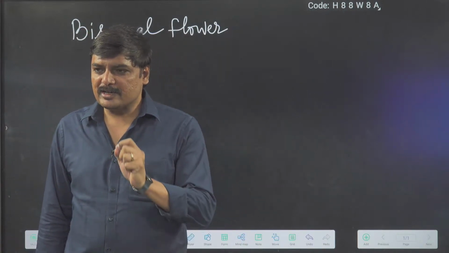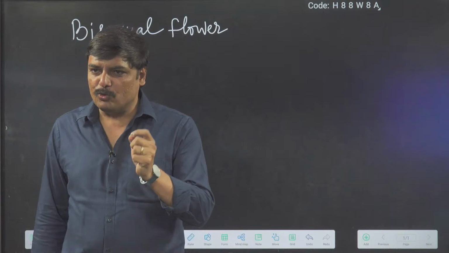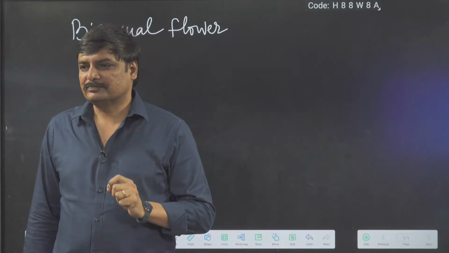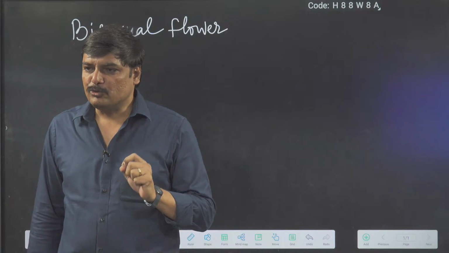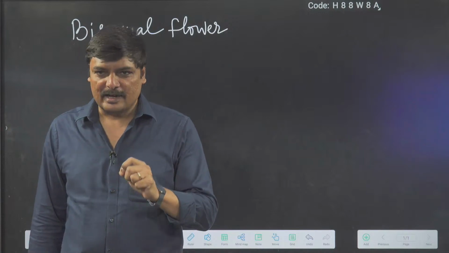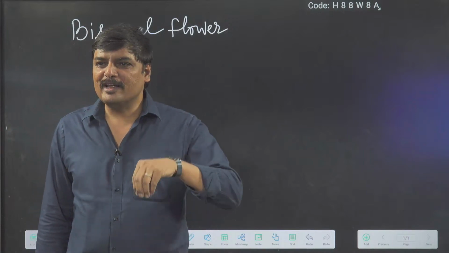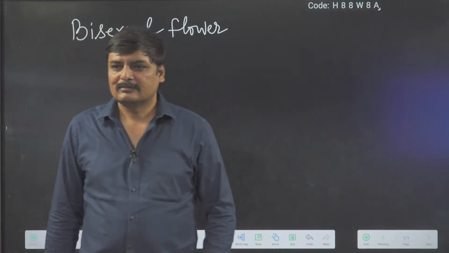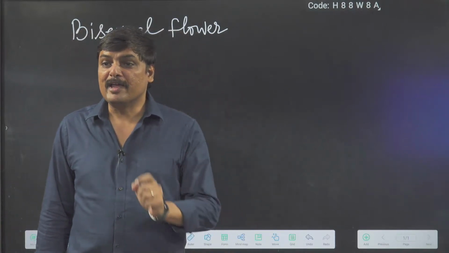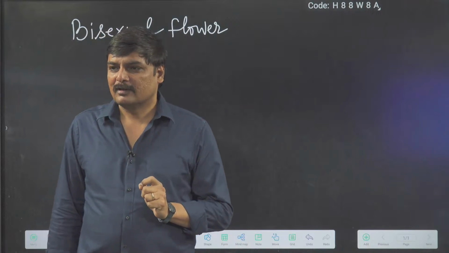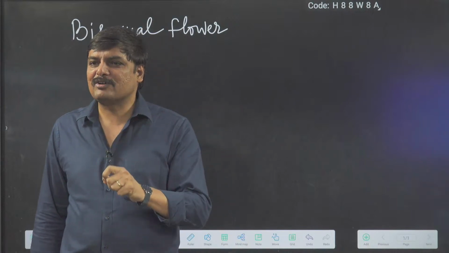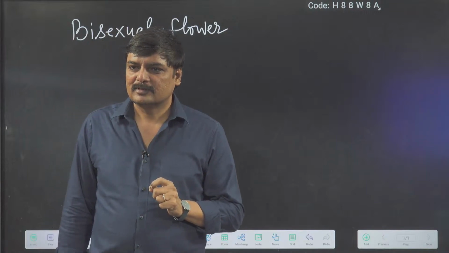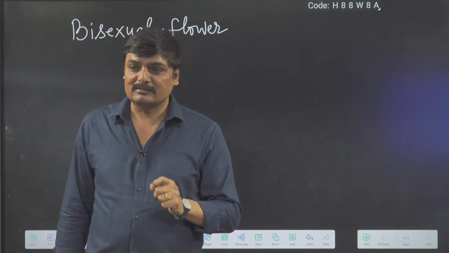A unisexual flower having only androecium is called a male flower. Only gynoecium is called a female flower. So technical names are also given.